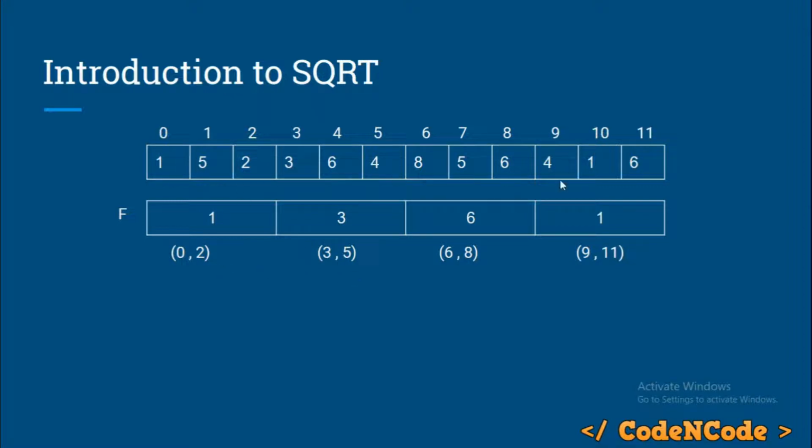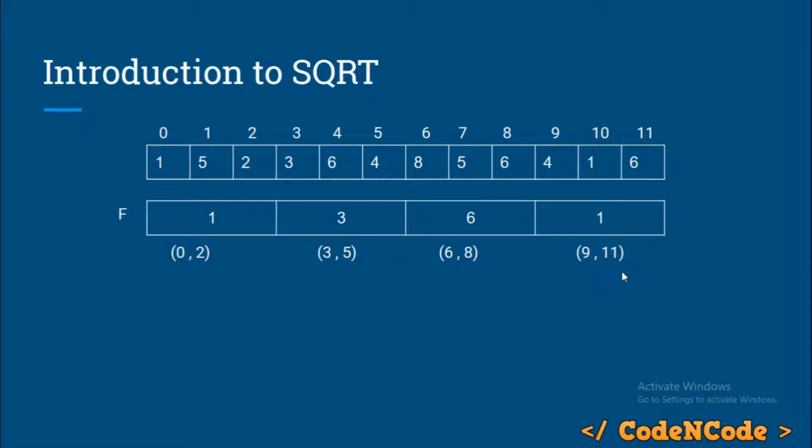By the way, this question asks you, given L and R, to find the minimum in the range of L to R. The first block saves the answer from 3 to 5, the second block saves the answer of 6 to 8, and the third block contains the answer of 9 to 11.